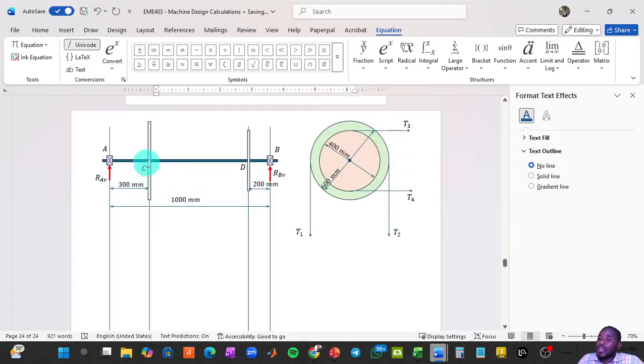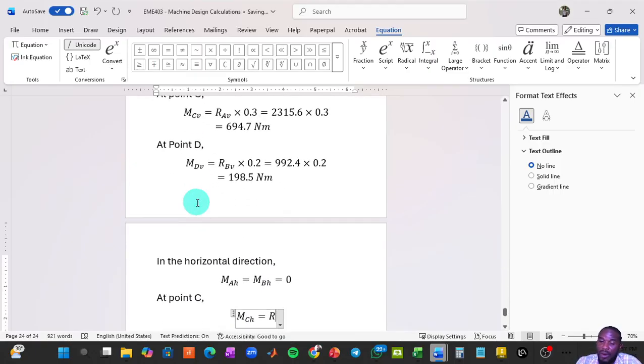At point C, the force will be the reaction at point A in the horizontal direction, RAH, times 0.3. That's going to give you the value of the bending moment at point C in the horizontal direction.